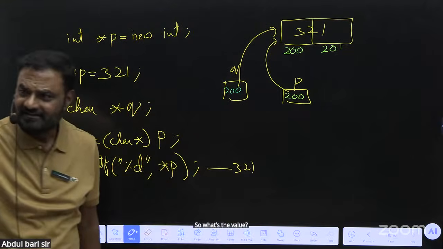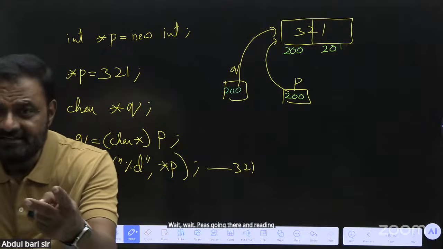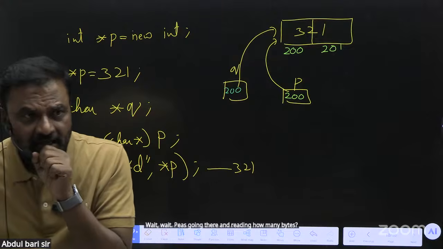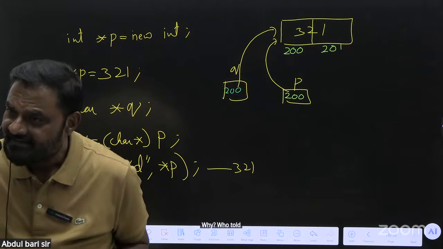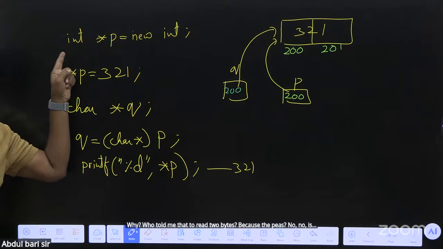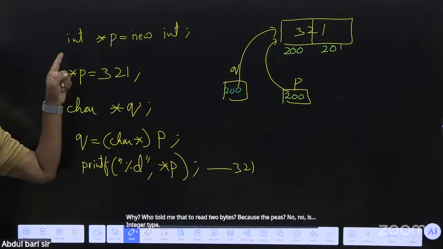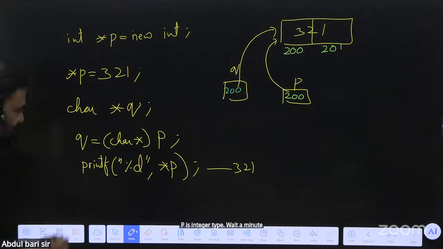Wait, p is going there and reading how many bytes? Who told p to read 2 bytes? Because p is integer type.